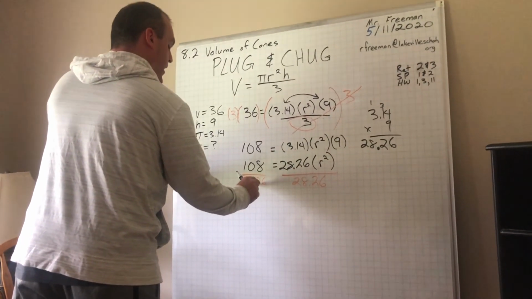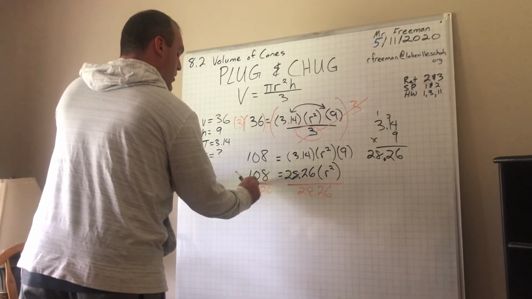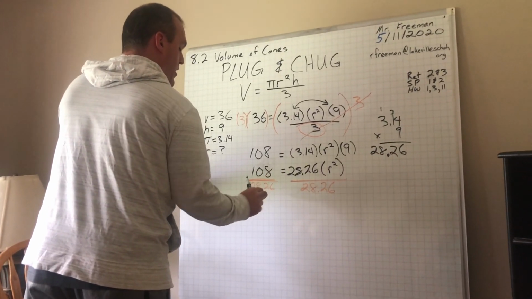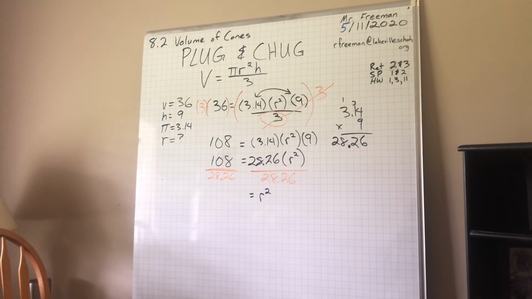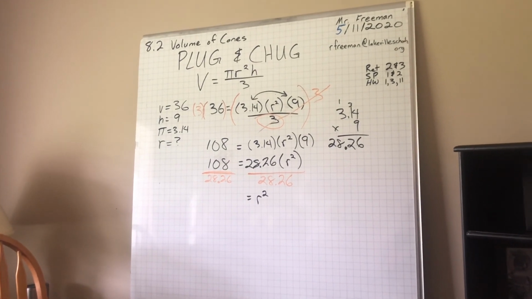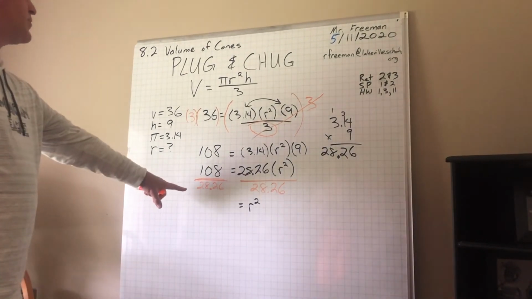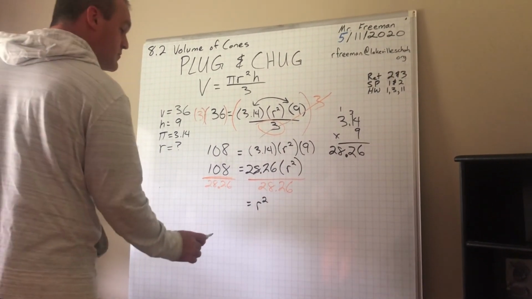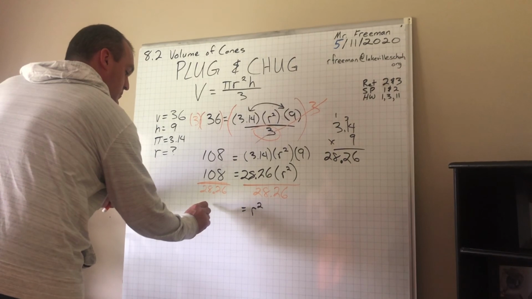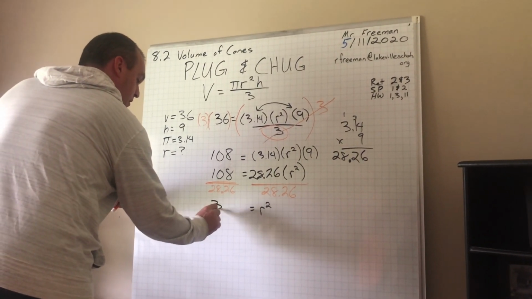And I'm going to ask my handy dandy Ryan boy in class to hurry up and put in 108 divided by 28.26 into his calculator. 108 divided by 28.26. 3.8. 3.8? Yeah.